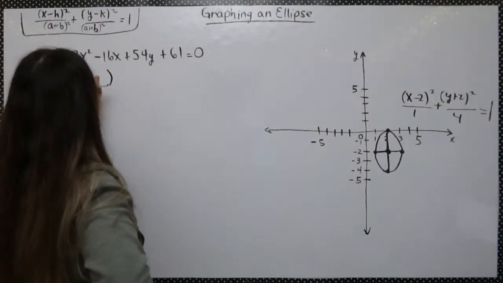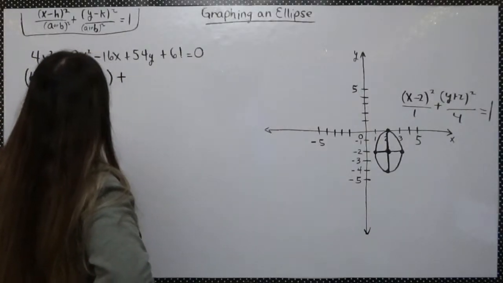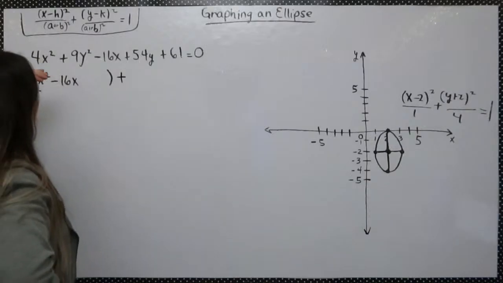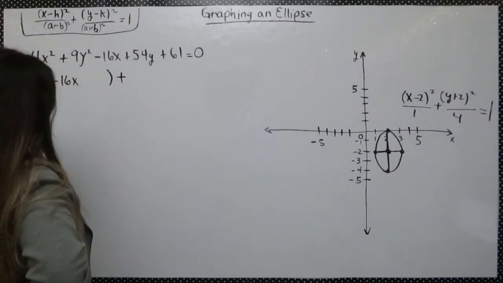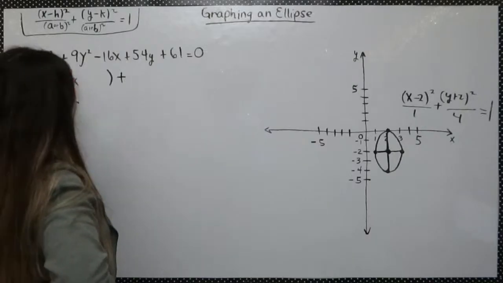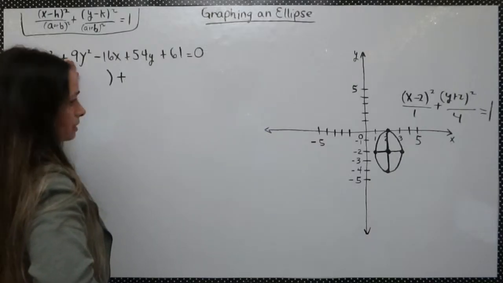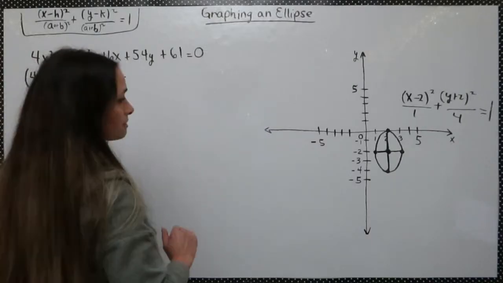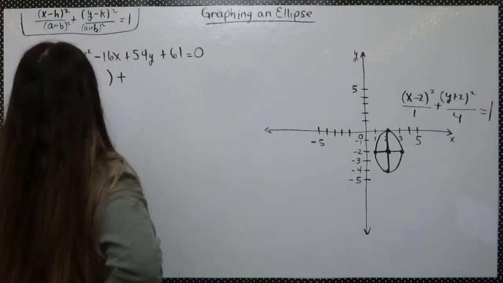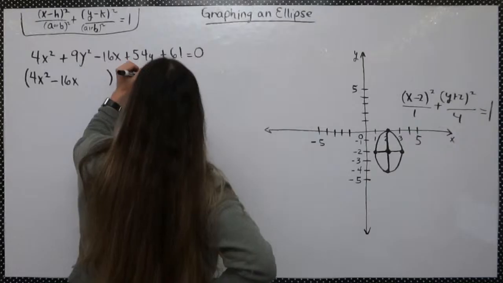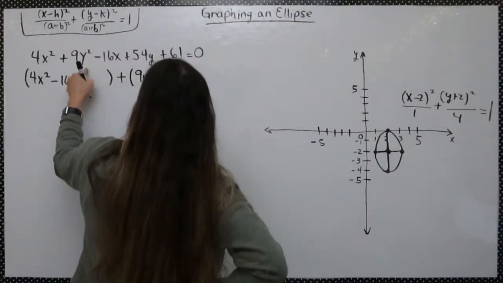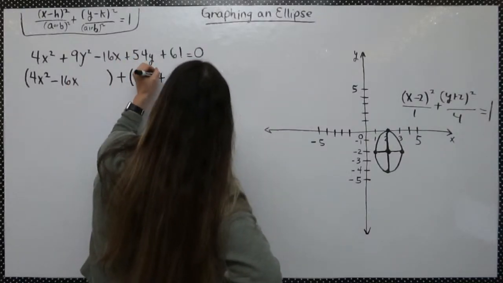Then we plus the y terms, whether the number out in front of y is positive or negative. We just plus it and have the sign go with the number, which I think personally makes it a little easier. In this case it's positive already, so we don't have to worry about that: 9y squared plus 54y.